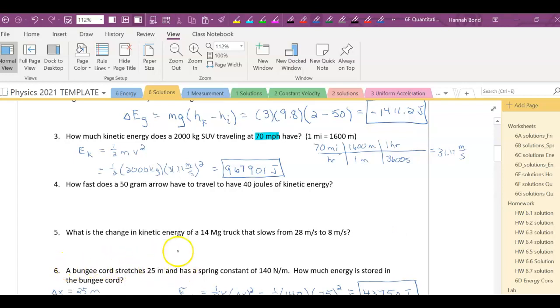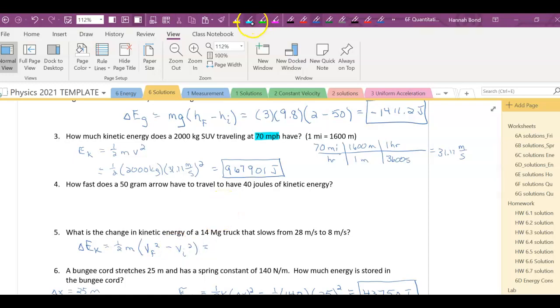Because this is talking about a change in kinetic energy, and because this truck slowed down from 28 meters per second to 8 meters per second, the change in kinetic energy is 1/2 times the mass times the final velocity squared minus the initial velocity squared.